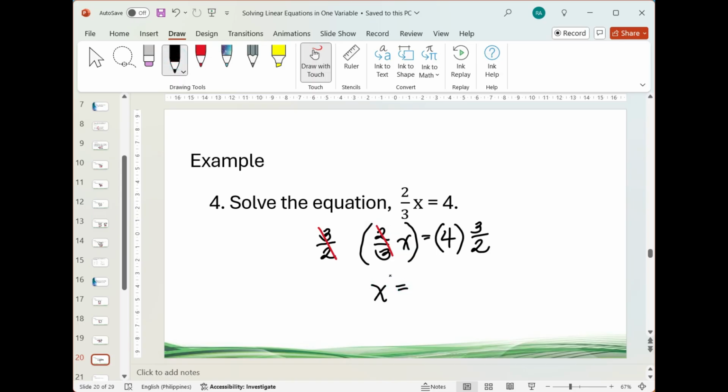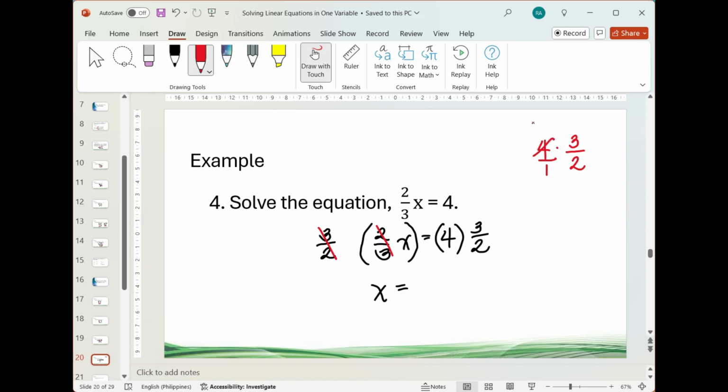O ta-times na lang natin si 4 and 3/2. So paano ba tayo mag-times ng fraction? Balikan natin. So that is 4 times 3/2. Sorry. So sa pagta-times nito, we can apply cancellation. So ito, di ba, may denominator na 1. So pwede nating ma-cancel si 4 at 2. Ang common factor ni 4 at 2 ay 2.